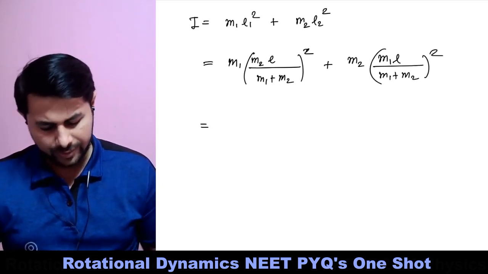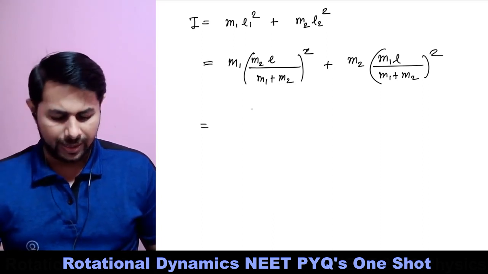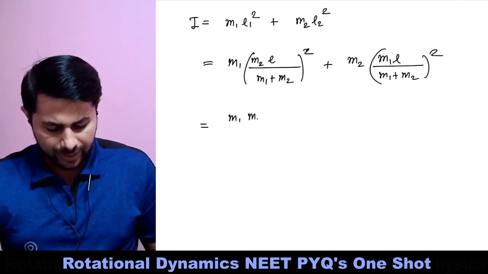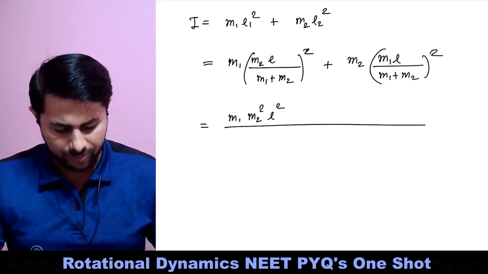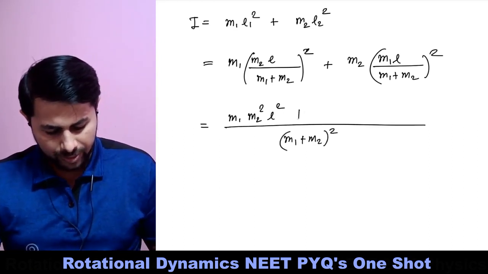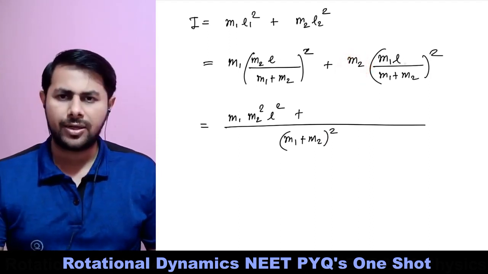Then you can square, so it will be m1 m2 square L square, and in the denominator of both of these you have (m1 plus m2) square. So plus you have m2 multiplied by m1 square L square.